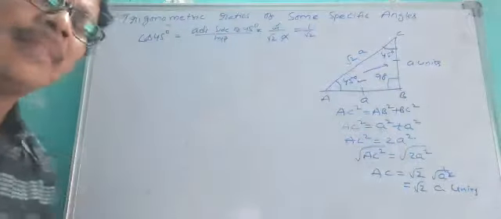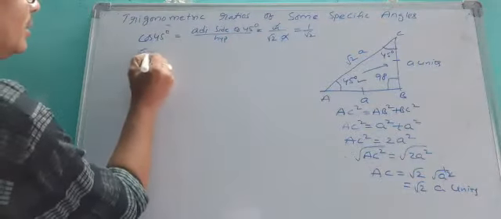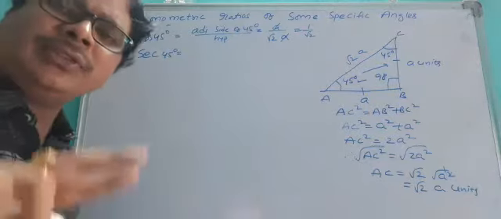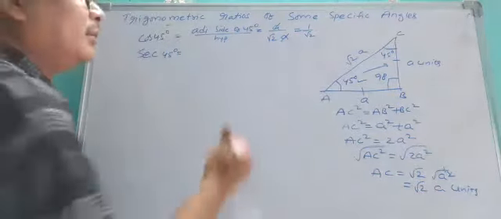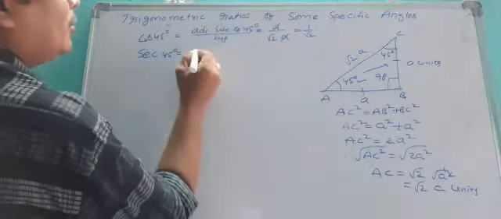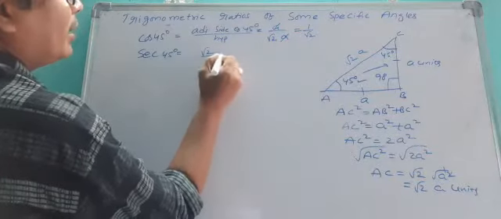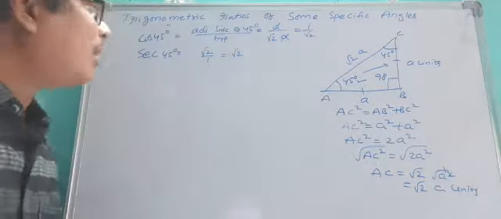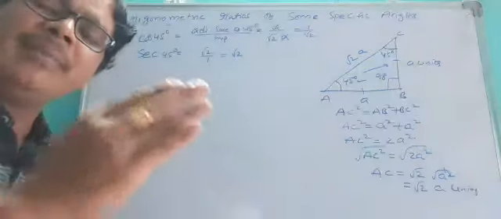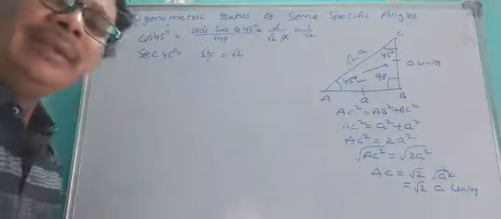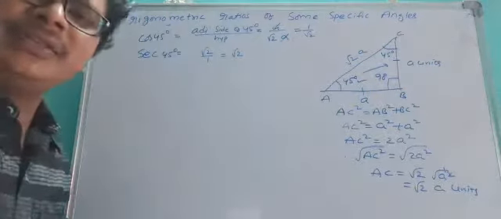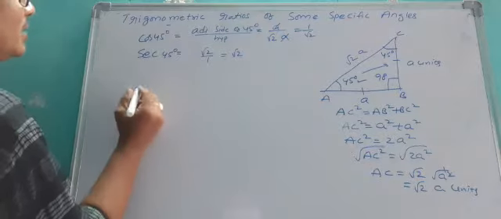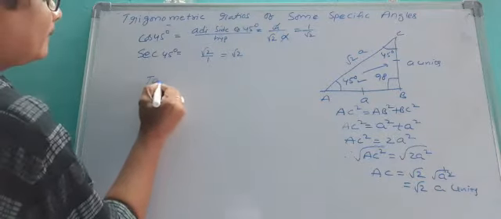Both are the same. Now secant 45 degrees. Secant 45 means simply write the reciprocal, root 2 by 1, that means root 2. Because cos means adjacent side by hypotenuse, and secant means hypotenuse by adjacent side.